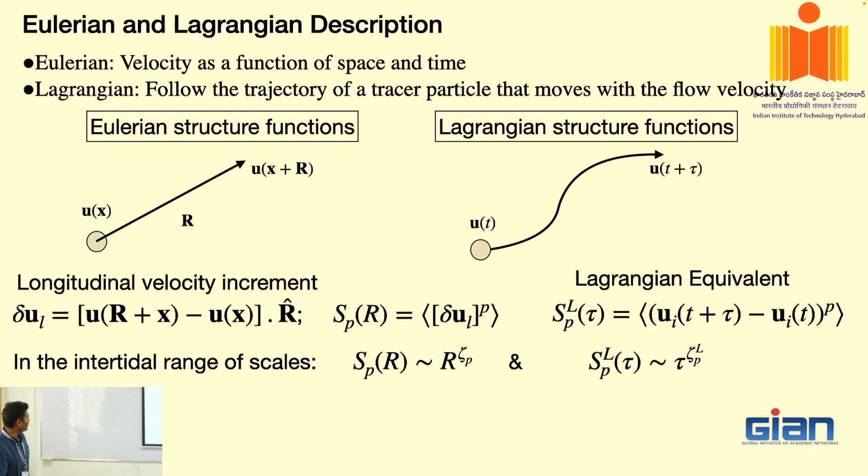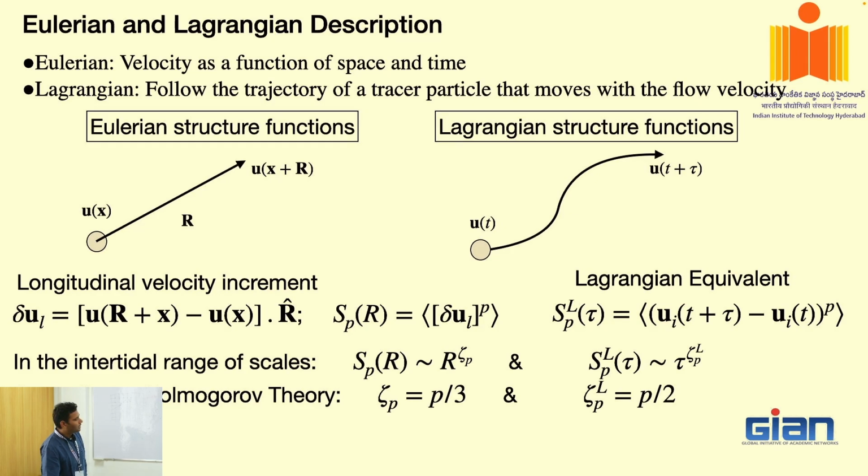If you are talking about the Eulerian structure function, you are going to get an exponent, let's say zeta p, and in the other case zeta p L, and these exponents for the two cases, Lagrangian equivalent and Eulerian equivalent, are going to be different.